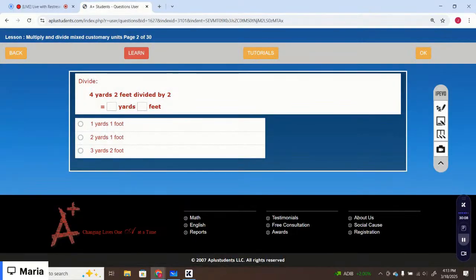4 yards 2 feet divided by 2. We have to divide both the values by 2. So which is the correct option?